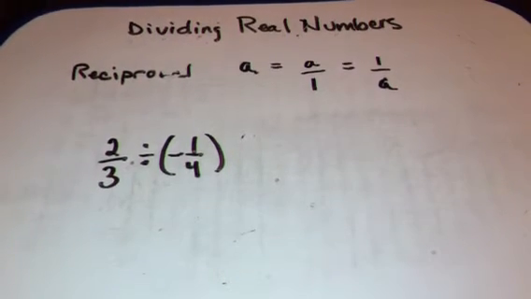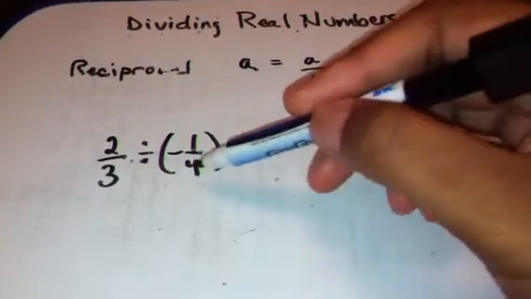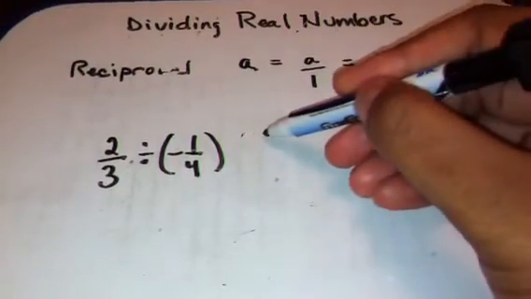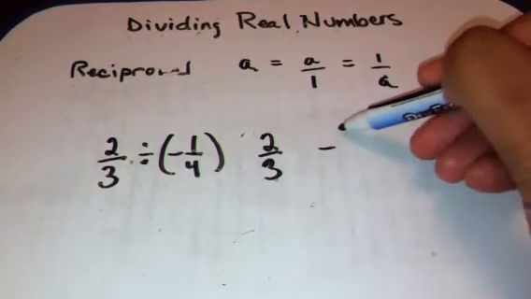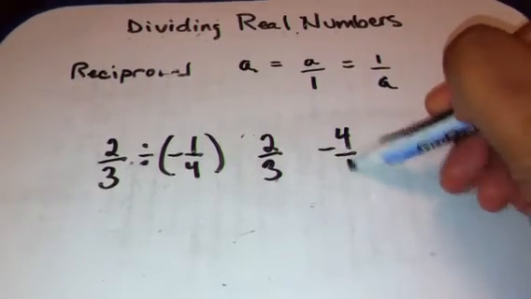But the first thing that we're going to do before we figure out anything at all is flip the divisor upside down. Flip the number upside down, and that would be 4/1. So 2/3 and a negative 4/1 is what we'll have.